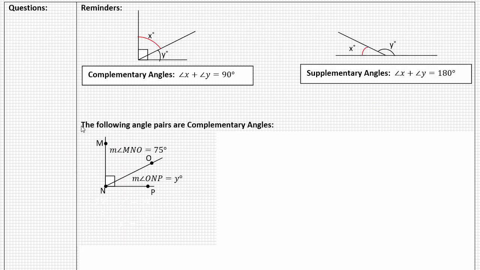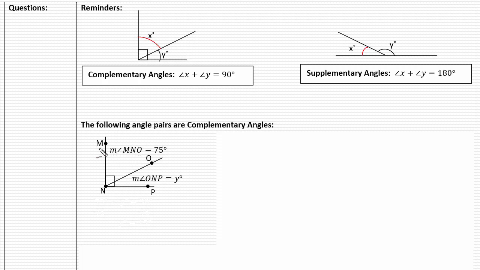Alright, so we're looking at this diagram, and for this next set of 4 example problems, we're going to be looking at angle pairs that are complementary angles, meaning they add up to 90 degrees. We can see that in both of these examples because we're using that square in between the sides of the angle that tells us angle MNP is a 90 degree angle, and it's being combined with these two inside angles.